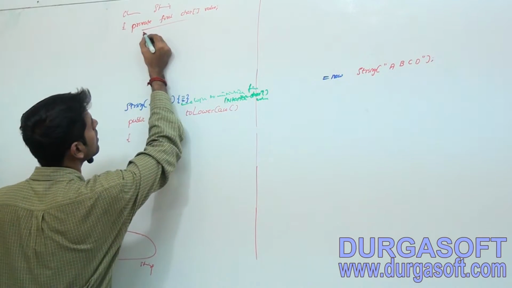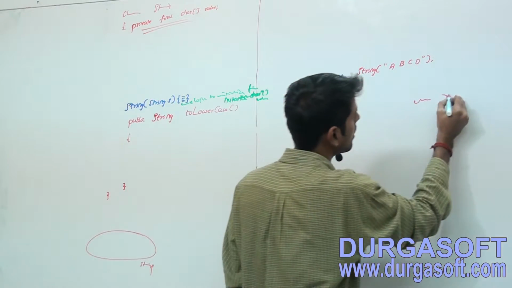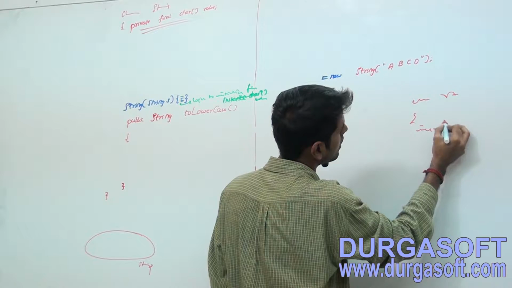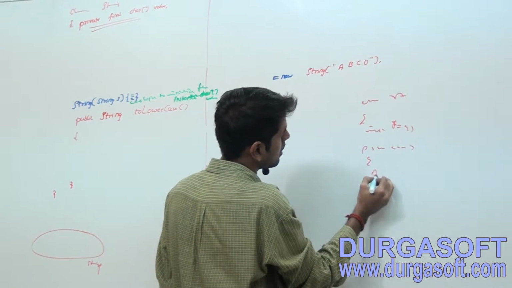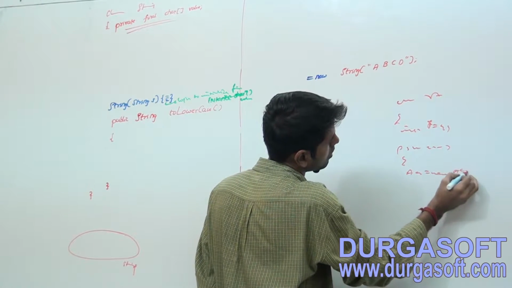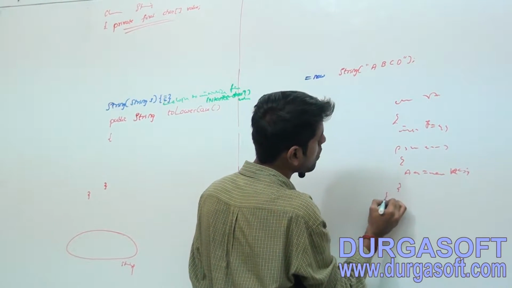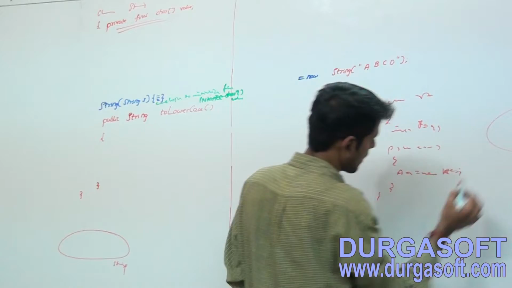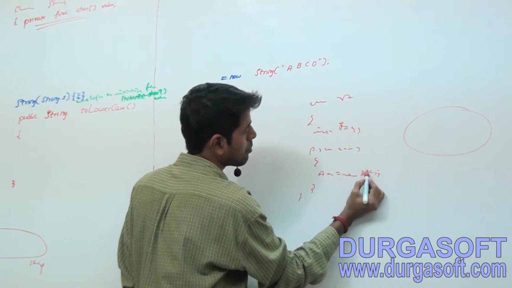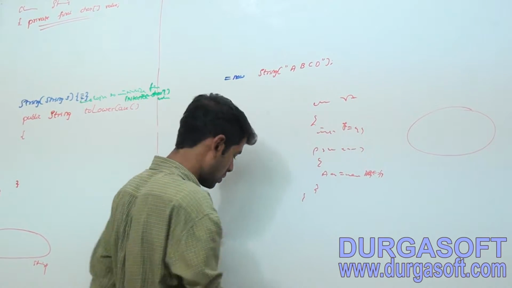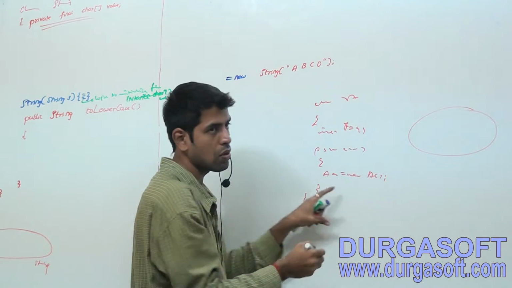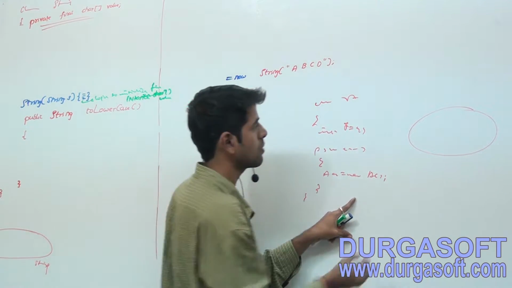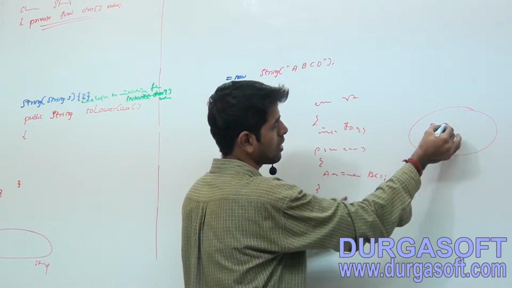Now this char array value is what? The instance variable, right? Observe in our earlier code, class A has int i equals 99, and public static void main has A a equals new A. What is the memory representation because of this code? i equals 99, yes or no?